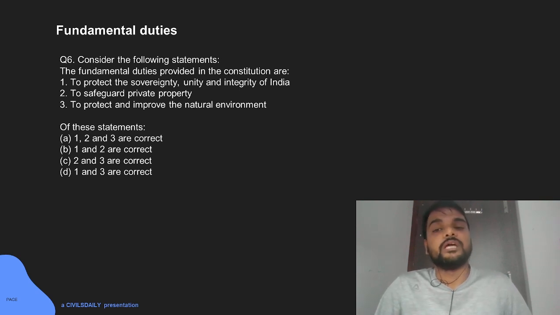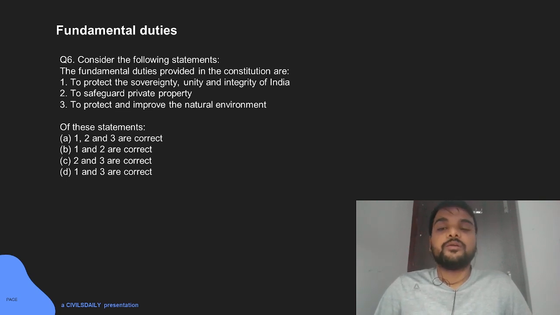So the Preamble cannot be it. In rights, it is not there because there cannot be such kind of rights. It is also not in the DPSP. So the only chance is that sovereignty, unity and integrity will be in the fundamental duties. In the Preamble, we have unity and integrity of India along with the word sovereign in the beginning.